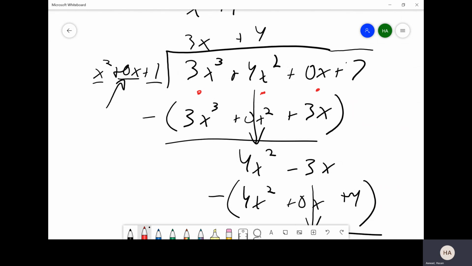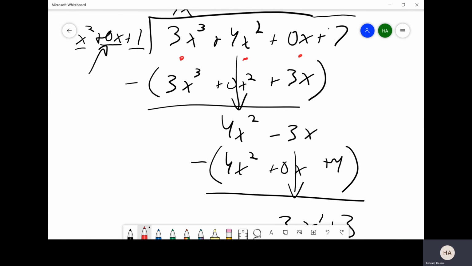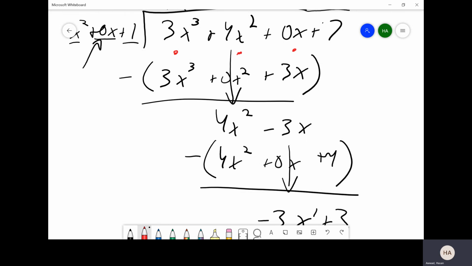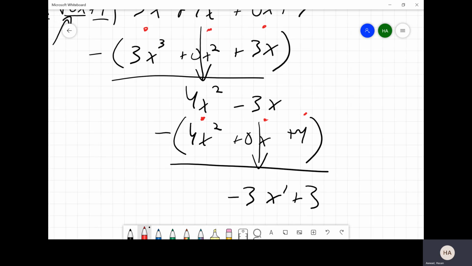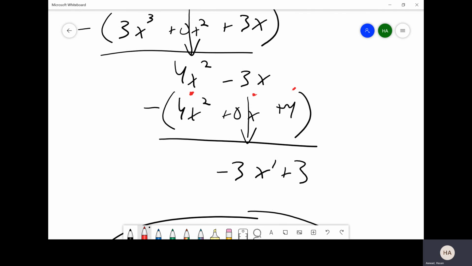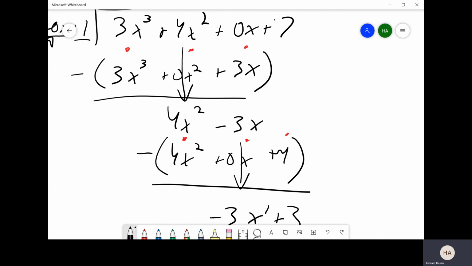So we did 3 columns at a time, because we have x squared, then no x's, and then a 1 for our ones column. And then again, how many columns did we impact at a time? Well, for our next step, we had our x squared, we had our x's, and then we had our ones column, right? We had 7 minus 4, which gave us a positive 3.